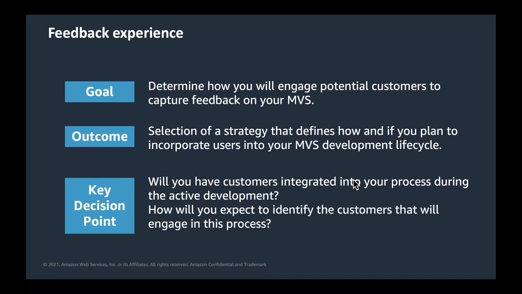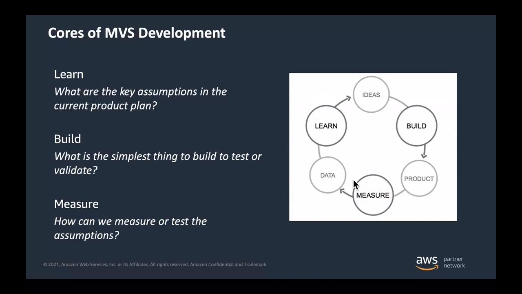So basically, these are 4 main steps that organizations follow when they build a minimum viable service. And basically, the core of each process is really the cycle of learn, build, and measure. So during this process, you should always follow this approach.